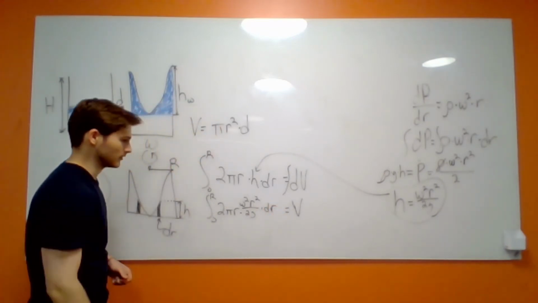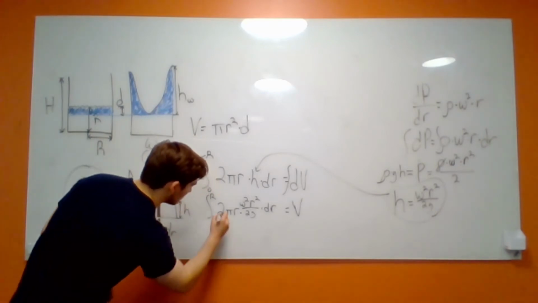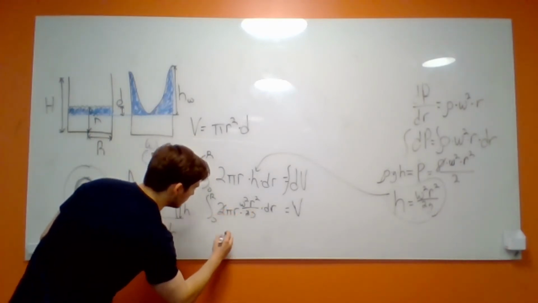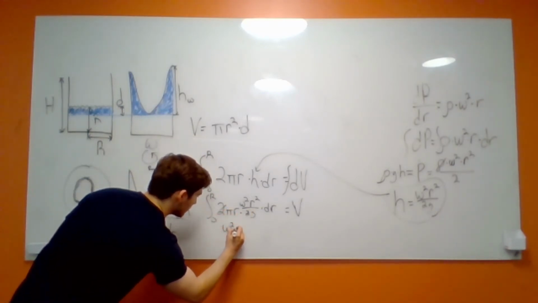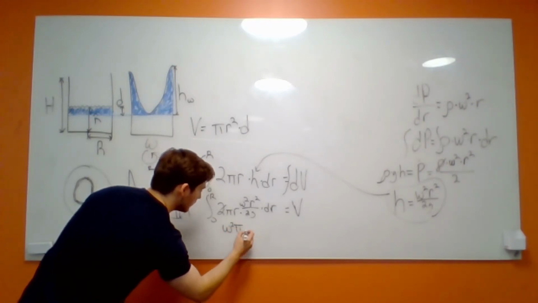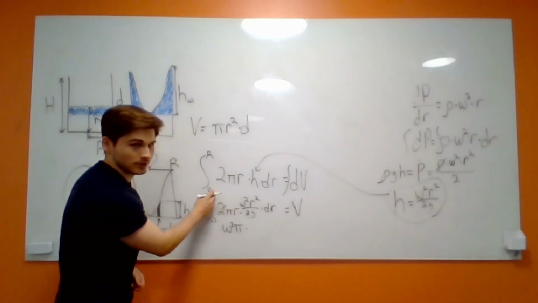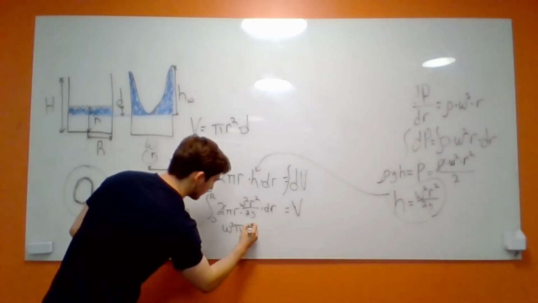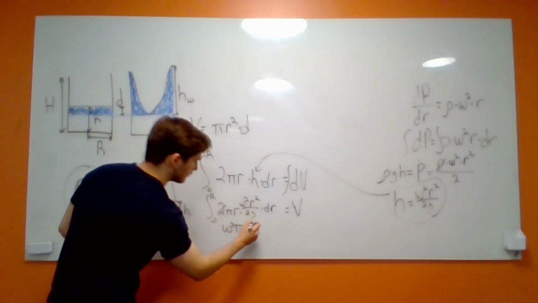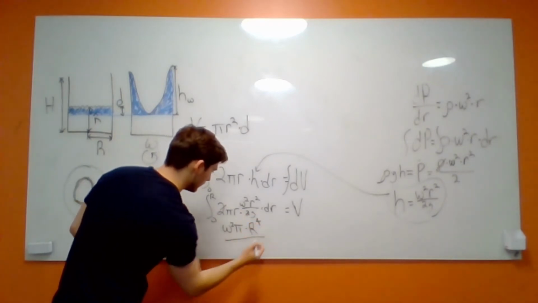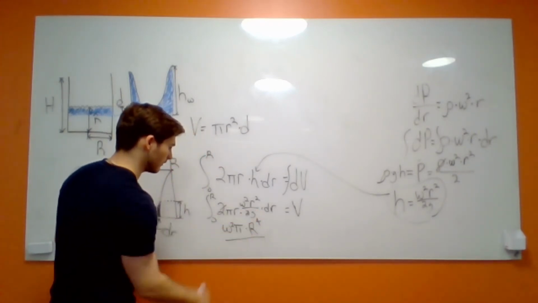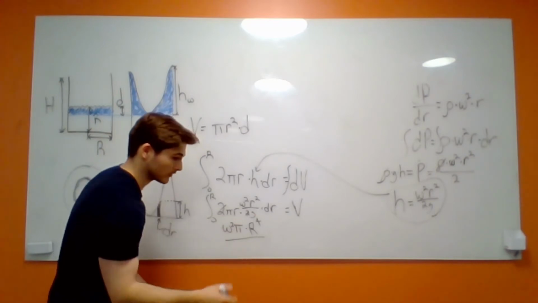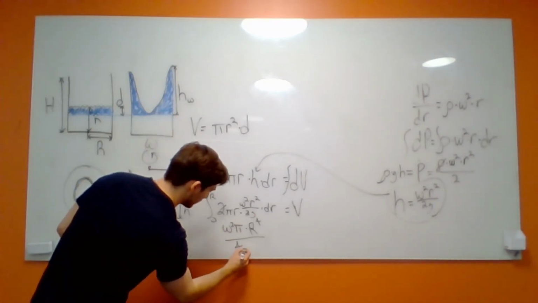And that ends up being equal to the angular frequency squared times pi times the maximum radius to the power 4, divided by 4 times the force of gravity, so 4g.